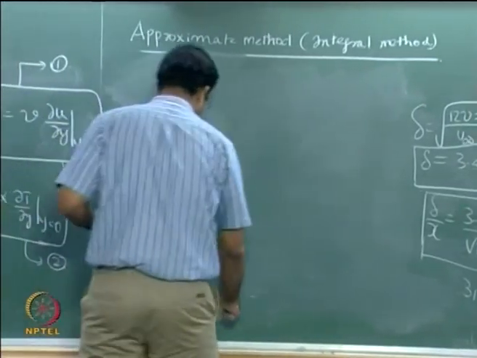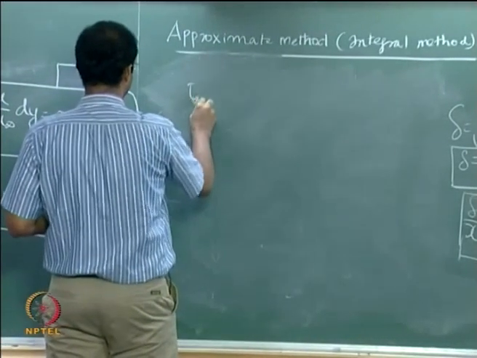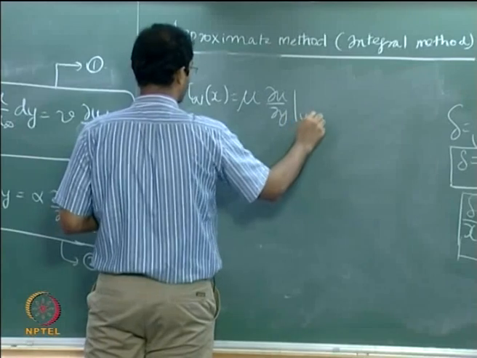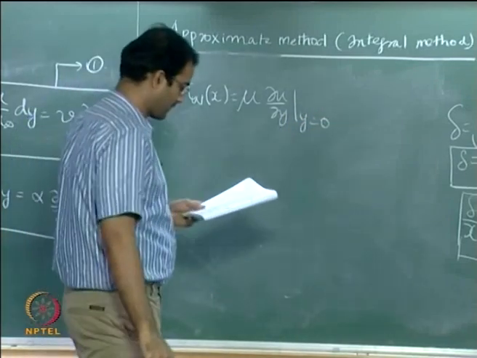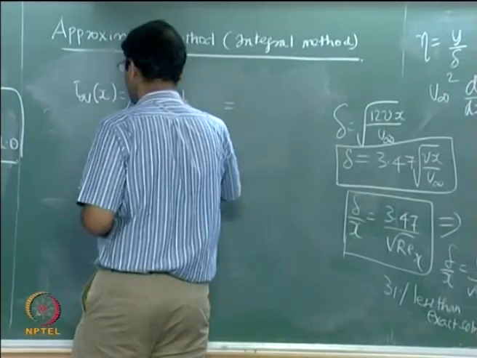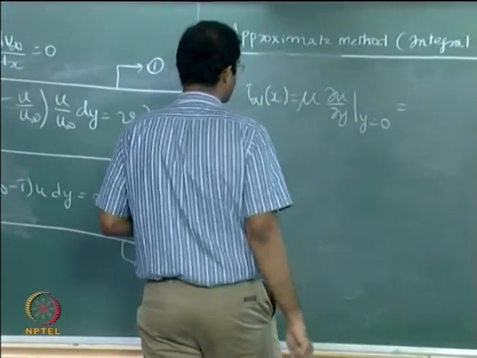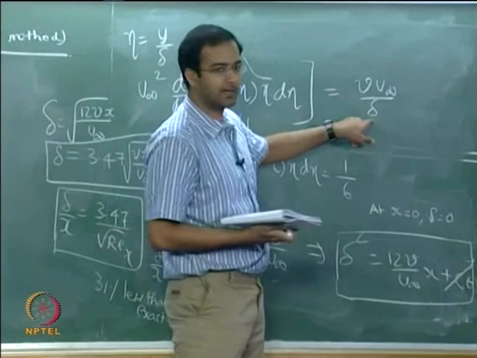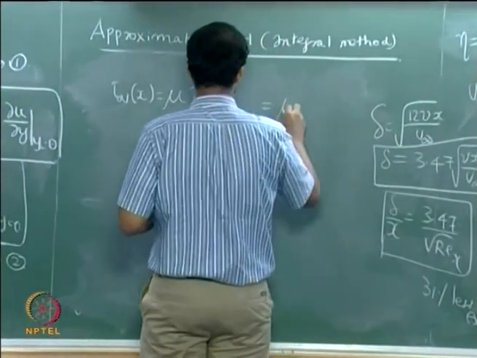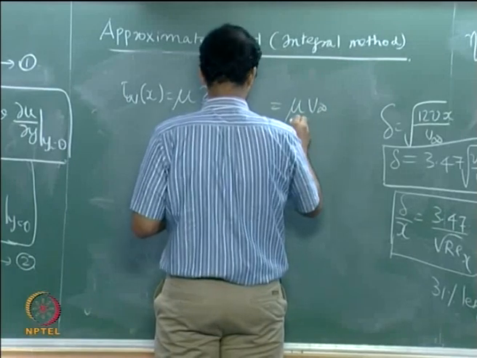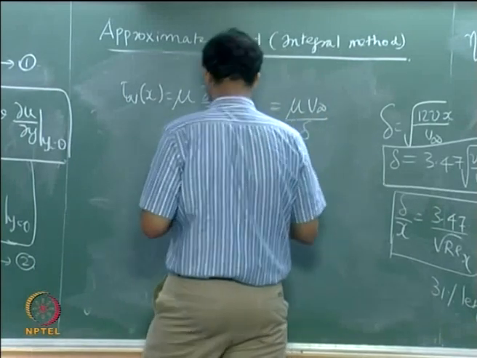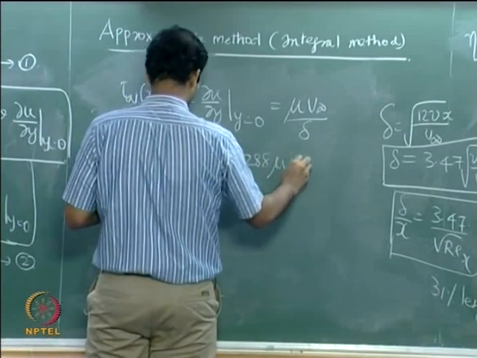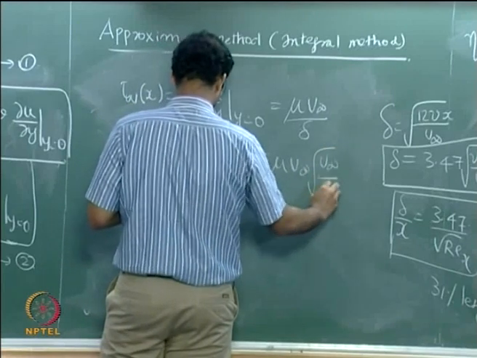And we can go ahead and calculate the local variation of wall shear stress, which is mu du by dy at y equal to 0. In this case du by dy at y equal to 0 is nothing but, for the linear profile, u infinity by delta. So this is mu u infinity by delta. We have already got the expression for delta, which we will substitute here, and if you do that you will get 0.288 u infinity square root of u infinity by nu x.